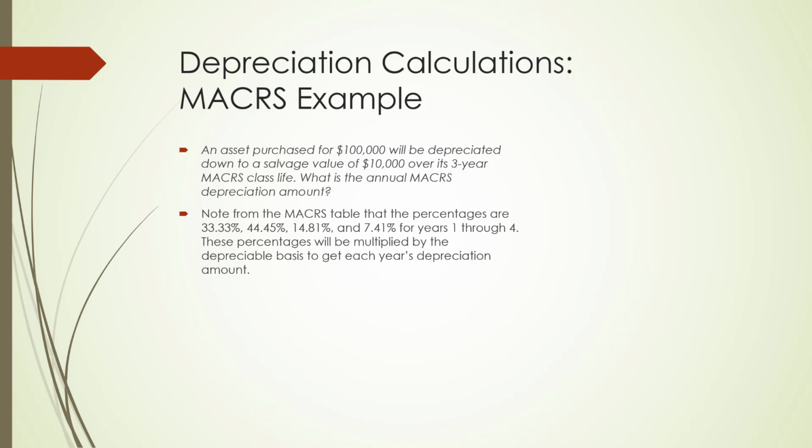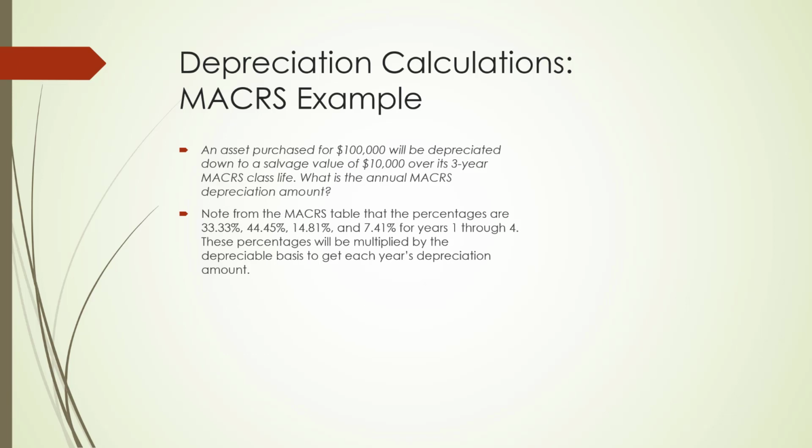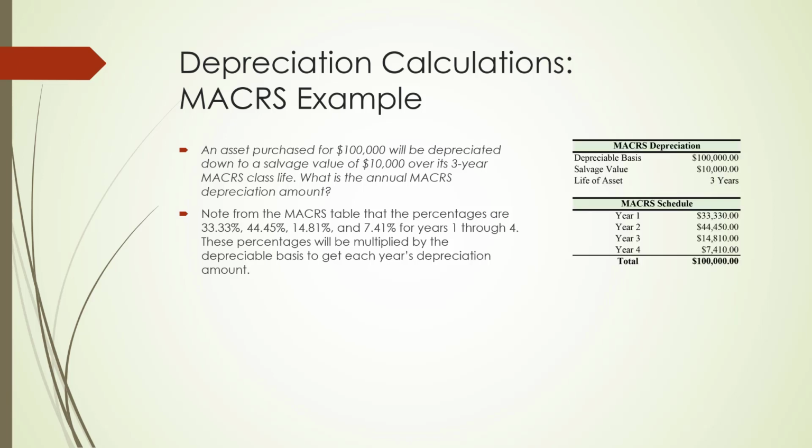So if we go back to the table, notice in the 3-year class, we have, again, 33.33% in year 1, 44.45% in year 2, and so on. So what we're going to do is take that $100,000 times 33.33% for year 1, $100,000 times 44.45% for year 2, and so on for each of the years. So here's an example.